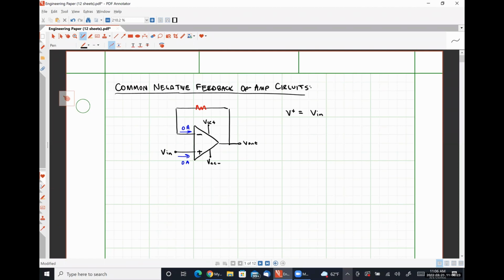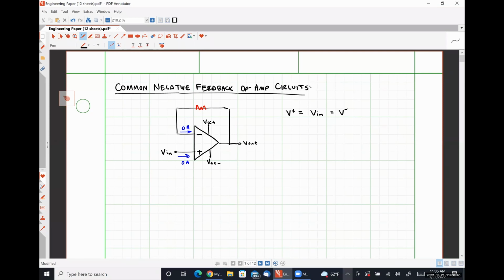Applying our op-amp rule that says there can be no potential difference across our input terminals. That means Vin also appears at our inverting input terminal, V minus.